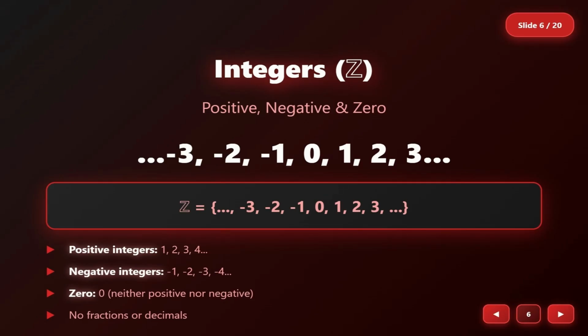Positive integers 1, 2, 3, 4, like all the natural numbers, negative integers, -1, -2, -3, -4, and so on. 0, sitting right in the middle, neither positive nor negative. And just like before, no fractions, no decimals, just whole numbers. But now we can go negative as well.